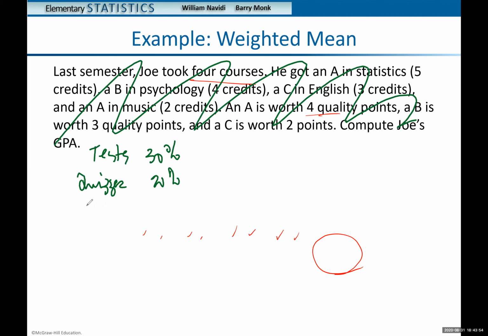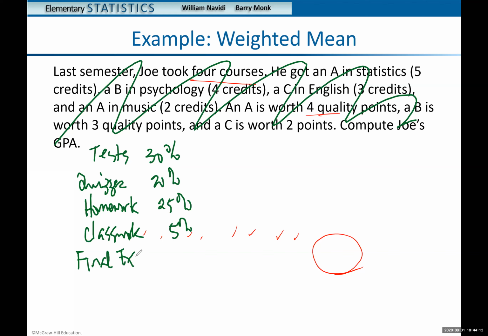Your homework is, I think, 25%. Your classwork is 5%. And your final exam is 20%. So you should have a total of 100%.